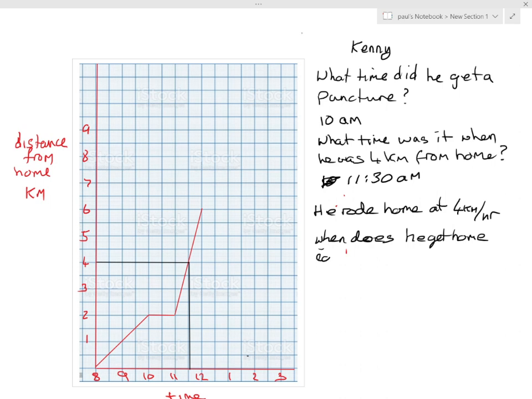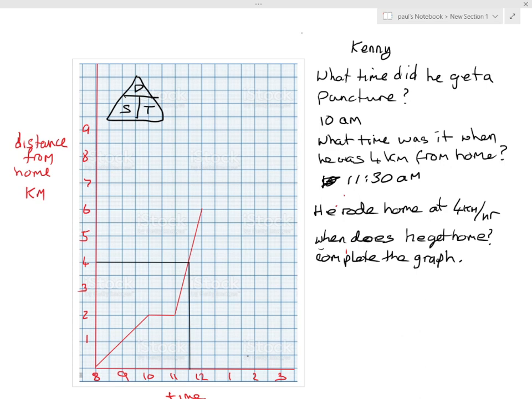And then complete the graph, because you can't draw the line until you've worked out what time. So when does he get home? Right, so we need this speed, distance, time thing again, don't we?